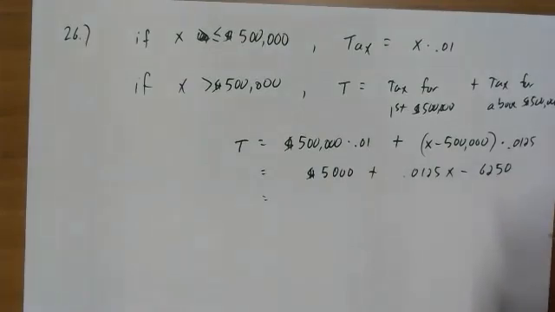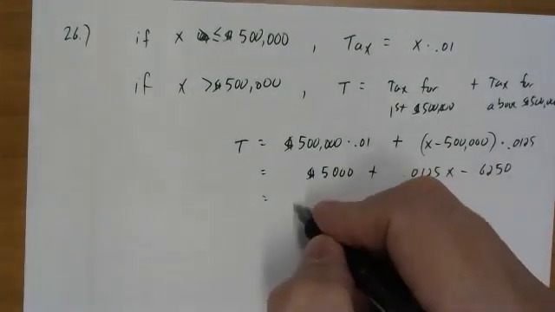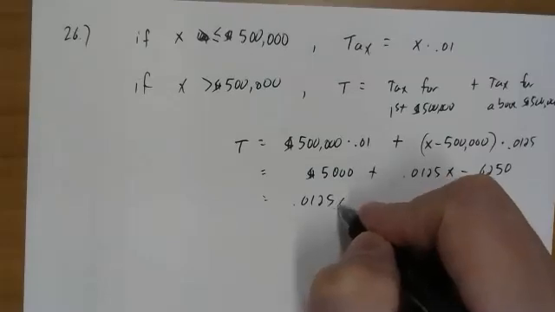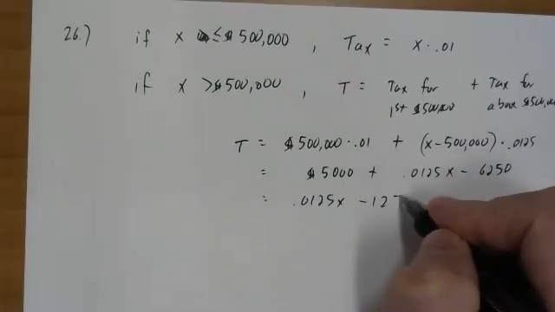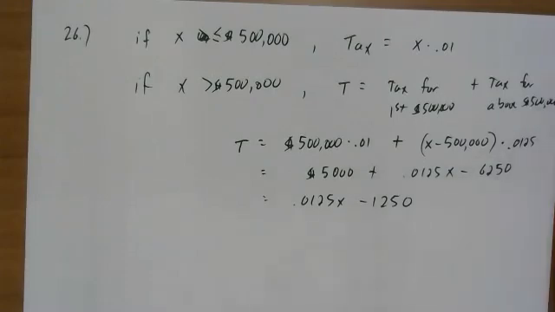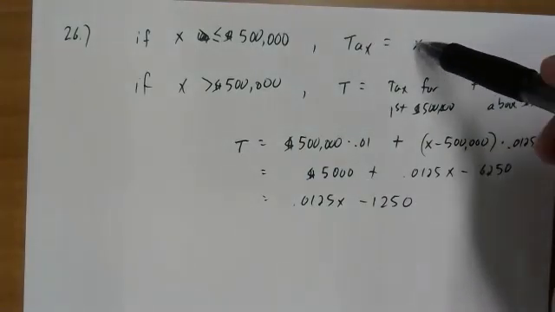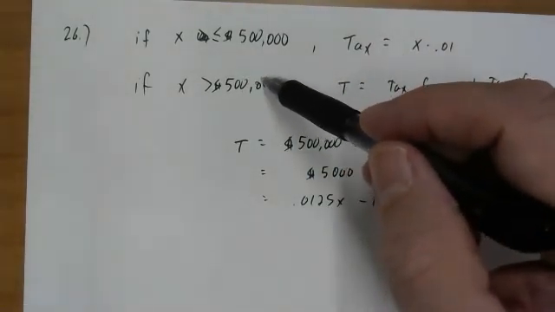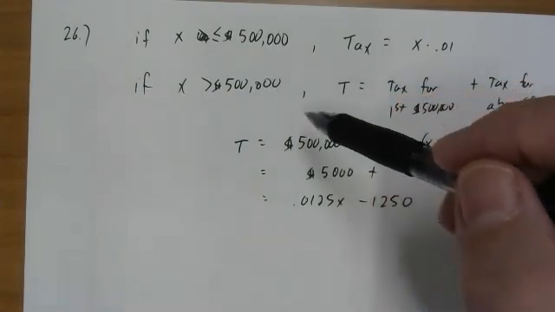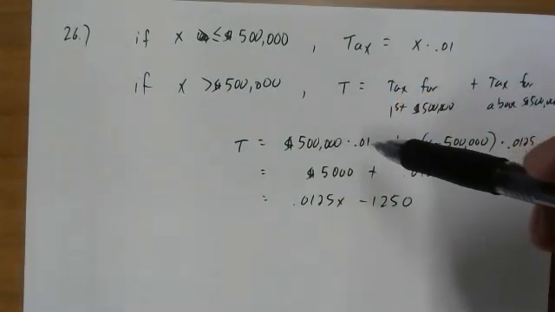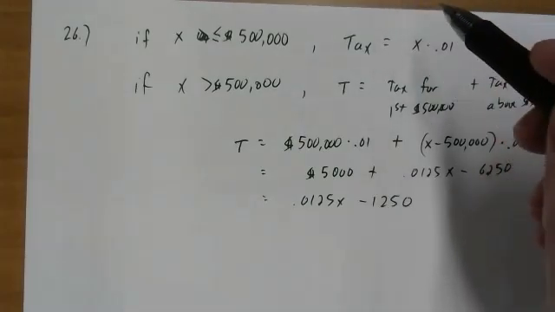So then the final, if I combine these two, it's going to be 0.0125x minus 1,250, hopefully, if I didn't mess up on the math. So for 0 to 500,000, it's going to be 0.01x. For above 500,000, it's 0.0125x minus 1,250. Yep, that's correct.